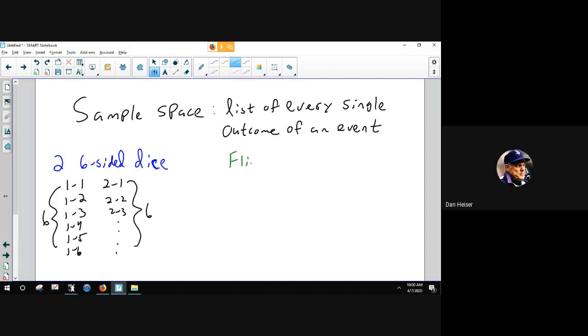Let me do another sample space. Flip a coin 3 times. And then my possibilities. Here's the sample space. I could get heads every single time. I could get heads twice, like so, or I could get heads twice this way.